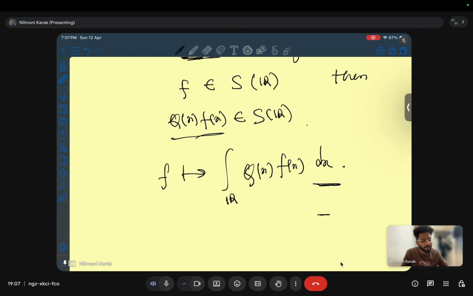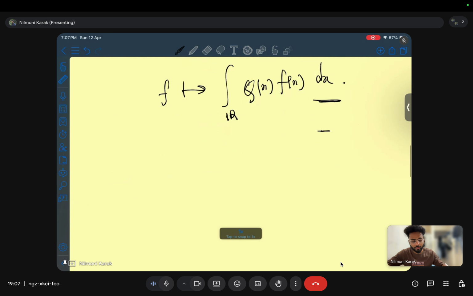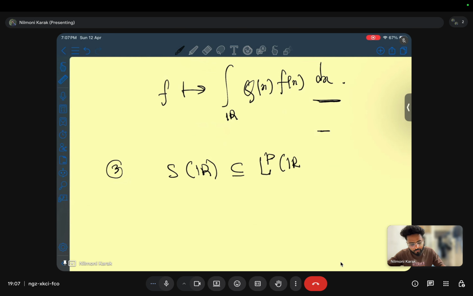Therefore it defines a tempered distribution. More generally, the example was basically for L^p(R) spaces, for p greater than or equal to 1.